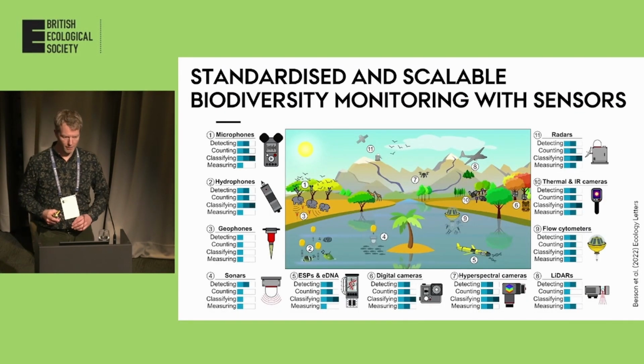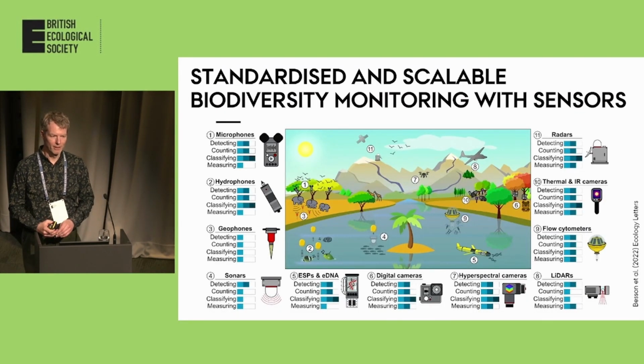So to begin, when we talk about sensors, we talk about a lot of different things, and each of these sensor types has its own characteristics, like certain aspects they're particularly good at detecting or describing, or the morphology of certain taxa.